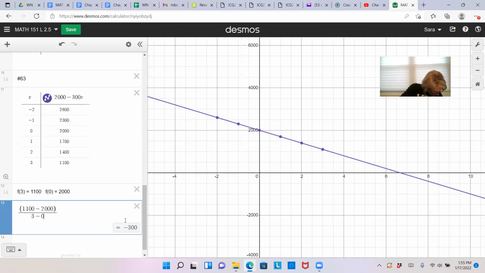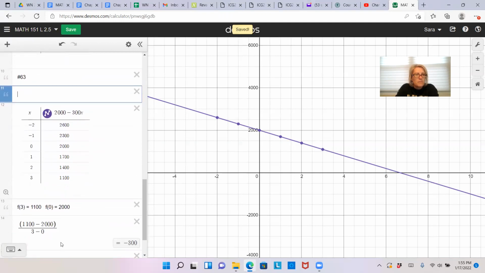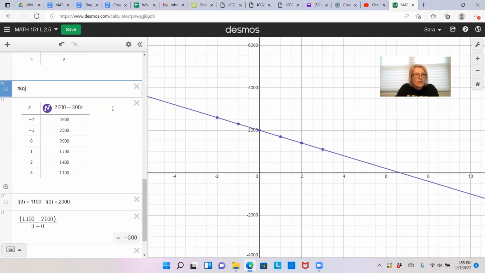And then it says, why does this have to be the same on every interval that we look at? And that is because we have a linear equation here. And a linear equation has a constant rate of change. It's always the same between every interval. I'm just going to make that note for us.